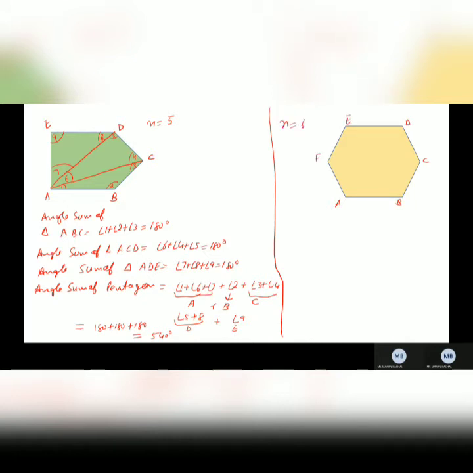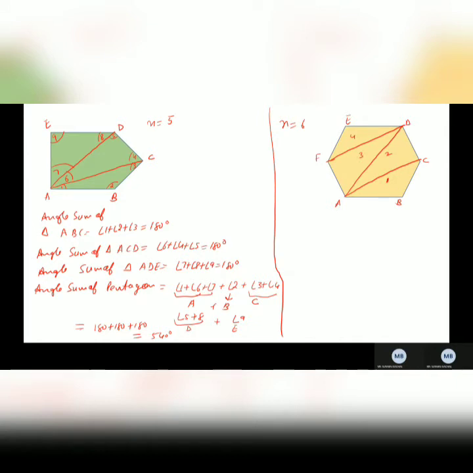So sides are 6. If I divide it, it will be divided into 1, 2, 3, 4 triangles. This is one triangle, this is 2, this is 3, this is 4.